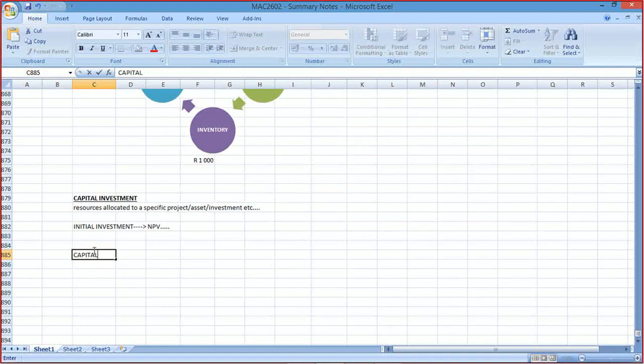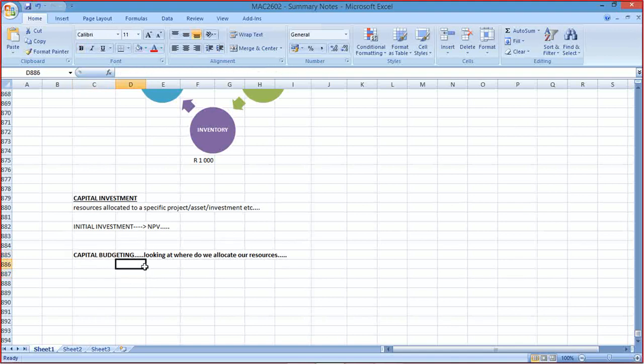Capital budgeting is looking at where we allocate our resources. If we've got 5 projects to choose from, we need to choose the best project first, and that's the project we're going to invest in. And then we'll accept the next project, and then the next project, and then the next project.